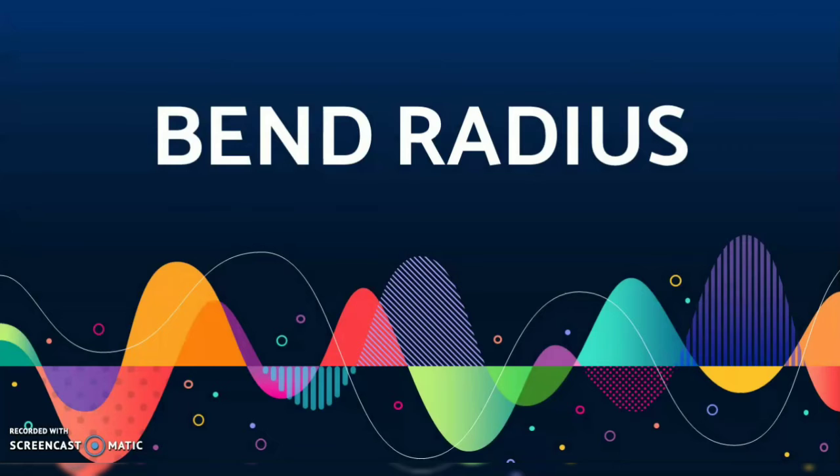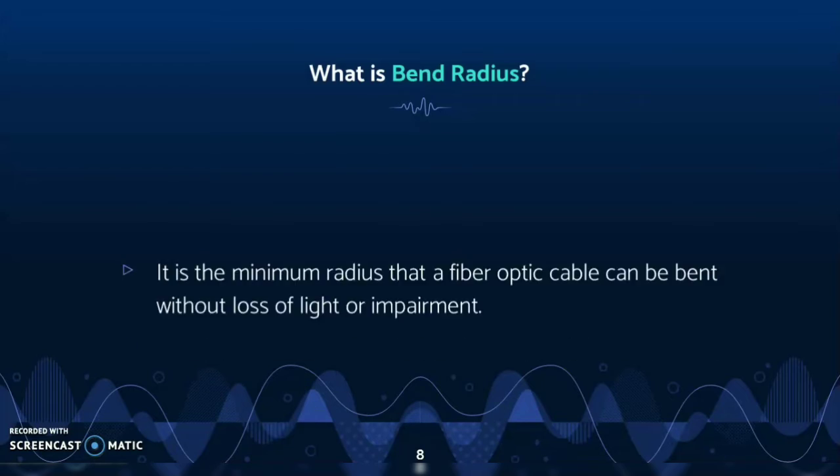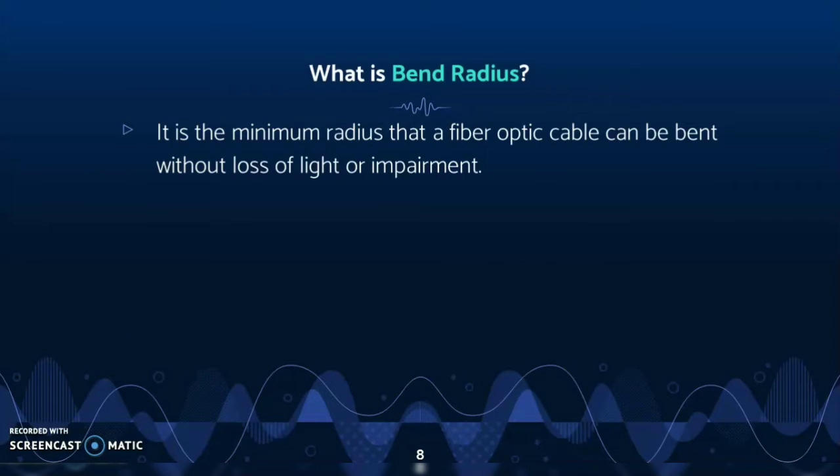Next, the bend radius. So what is bend radius? Bend radius is the minimum radius that a fiber optic cable can be bent without loss of light or impairment.